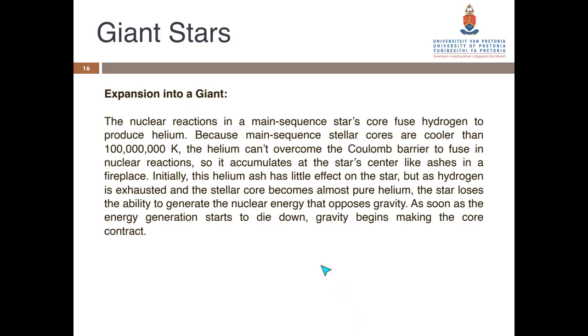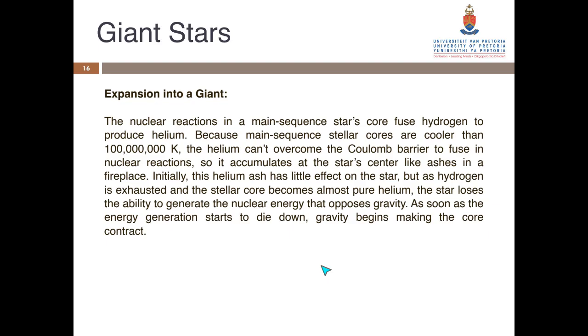The nuclear reactions in a main sequence star fuse hydrogen to produce helium. Because main sequence stellar cores are cooler than 100 million Kelvin, the helium can't overcome the Coulomb barrier to fuse in nuclear reactions. So it accumulates at the star's center like ashes in a fireplace.